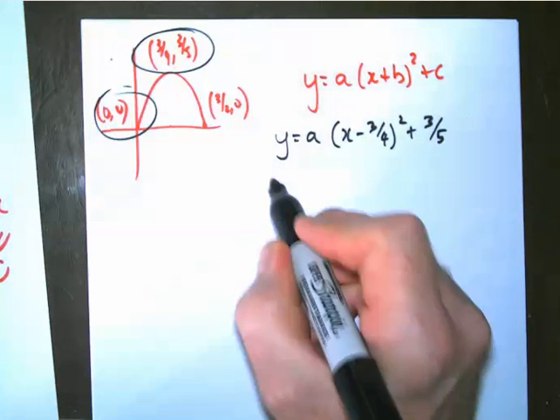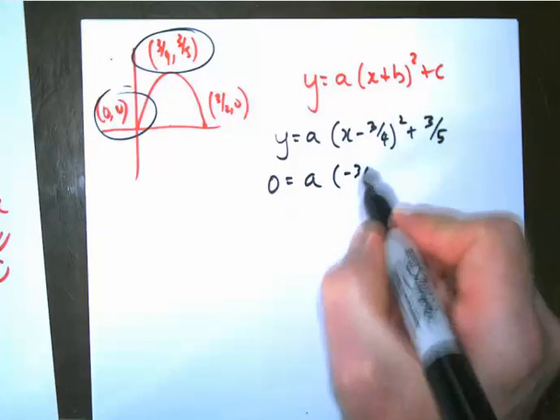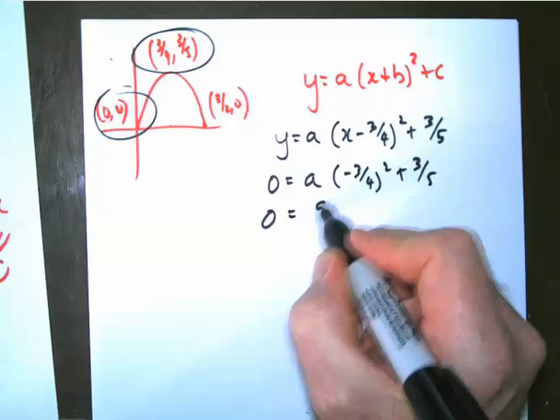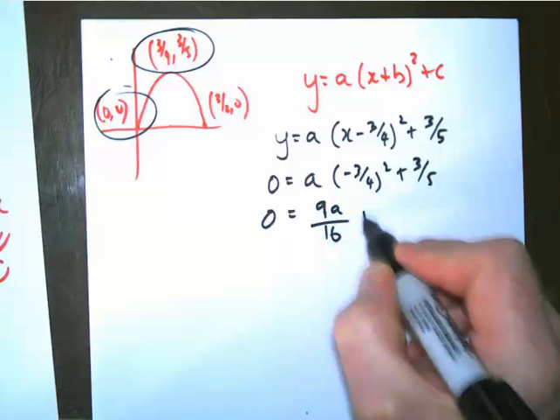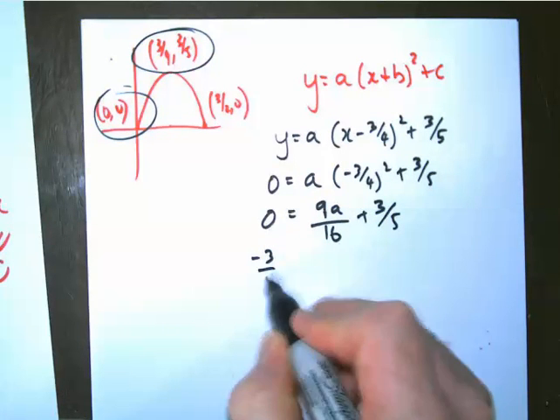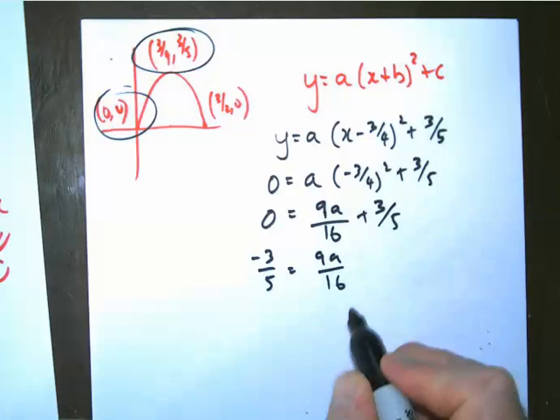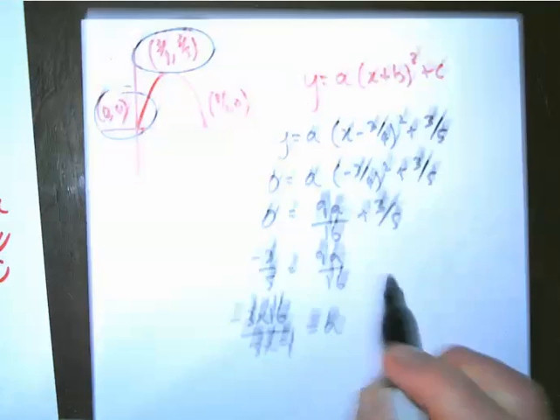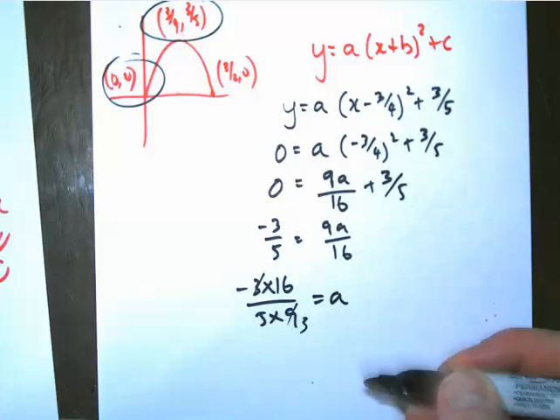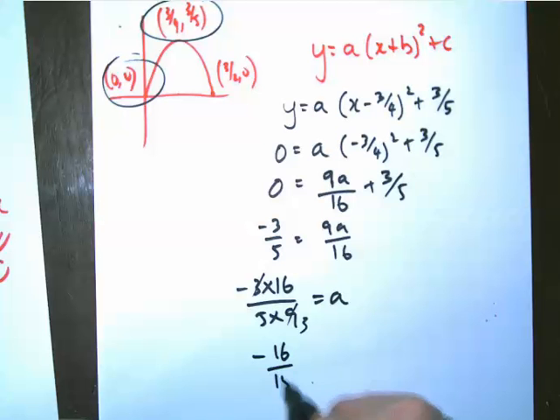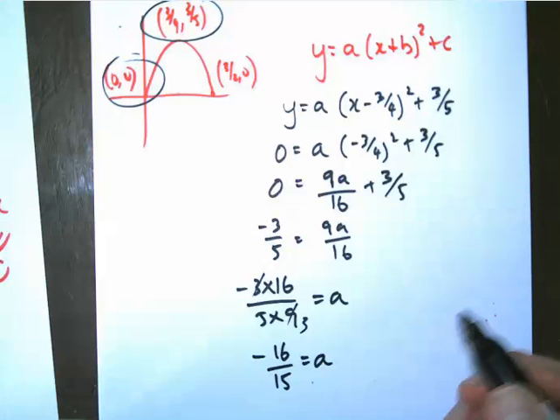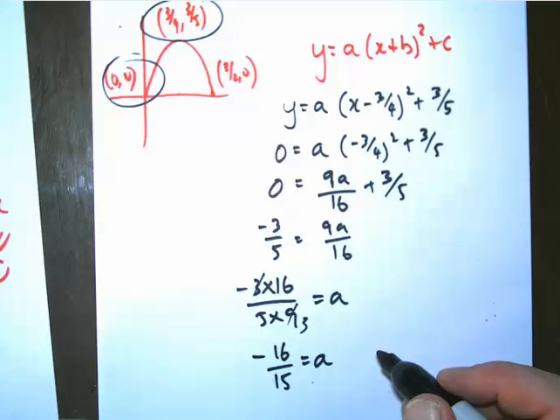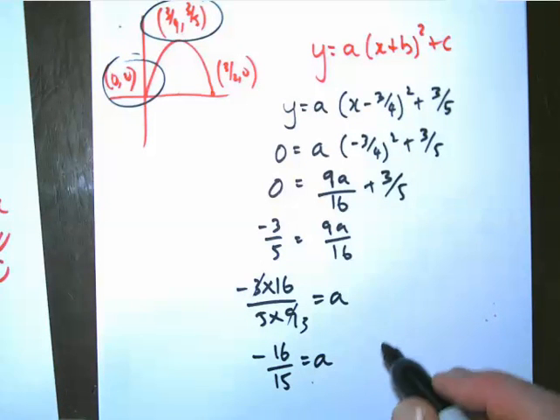Substituting in 0, 0, 0 equals a times minus 3 on 4 squared plus 3 on 5. 0 equals 9a on 16 plus 3 on 5, minus 3 on 5 equals 9a on 16, minus 3 times 16 on 5 times 9 equals a, 3 goes into that 3 times, I end up with minus 16 on 15 equals a. Now I've got a negative 16 on 15, but over the page I should have got a negative 16 on 15 as well, so that's correct, same answer.